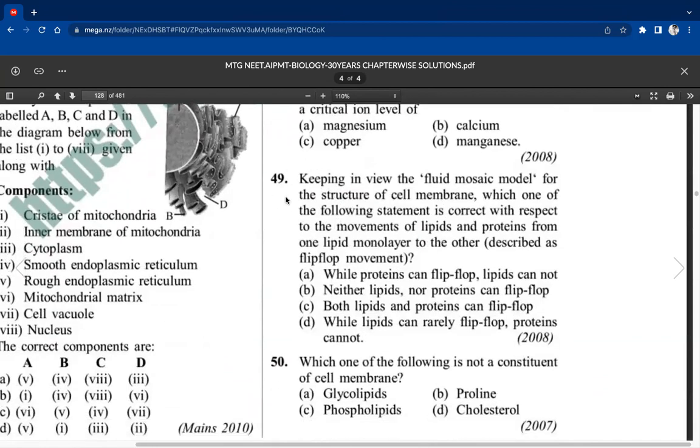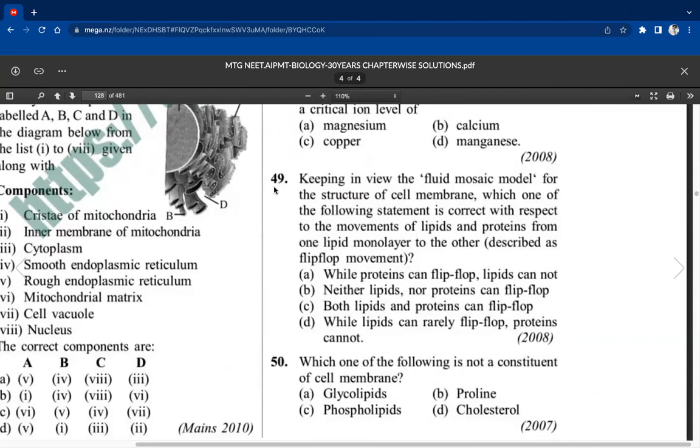Question number 49, Iram. You have to apply some brain, fluid mosaic model. Just a hint. Keeping in view the fluid mosaic model for the structure of cell membrane, which one of the following statements is correct with respect to the movement of lipids and proteins from one lipid monolayer to other, described as flip-flop movement?